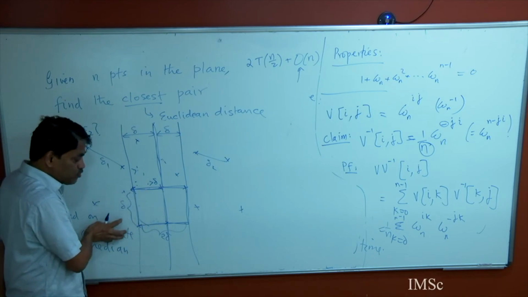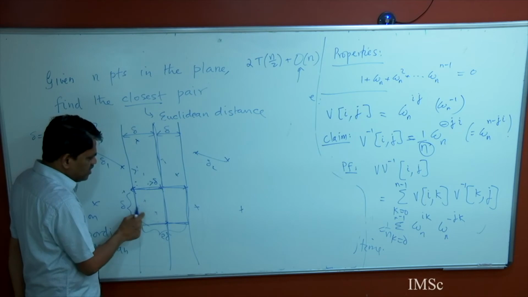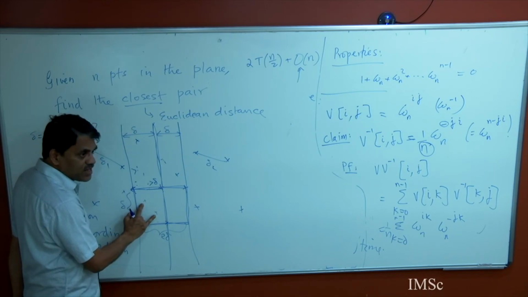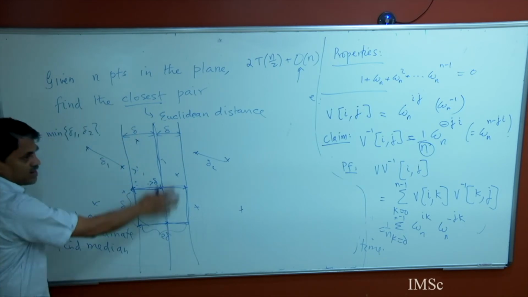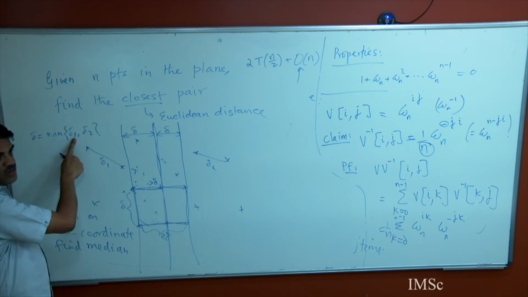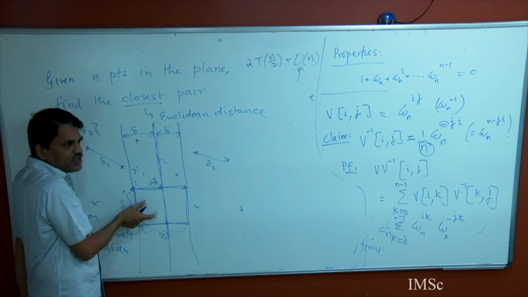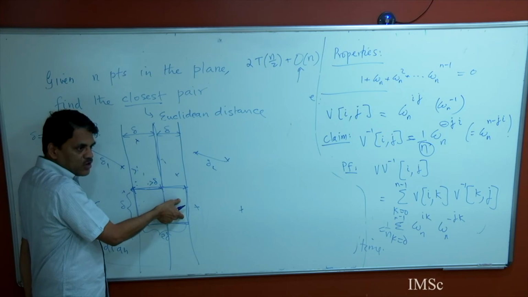If you take 2 points on this side, their distance is greater than or equal to delta, because the closest pair on this side is delta 1 distance, and delta is smaller than or equal to delta 1. Similarly, any pair here has distance greater than or equal to delta.